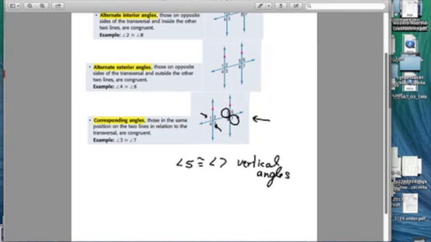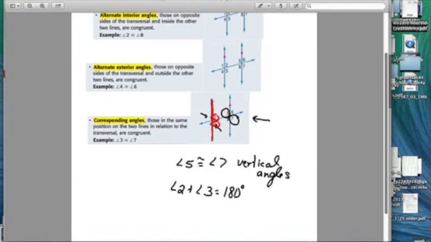The other one that we have is, I also know this, angle 2 plus angle 3 equals 180 degrees. And the reason for that is because notice, when you put angle 2 and angle 3 together, they make this straight line right here. So we know that those add up to 180 degrees.